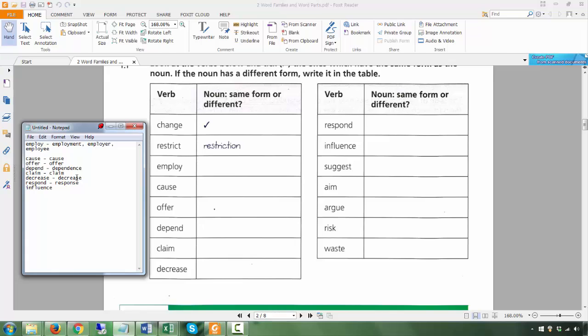Influence is the verb, the noun is also influence. Suggest is the verb, the noun is suggestion. Aim is the verb, the noun is also aim. Argue is the verb, the noun is argument. Careful with the spelling, no E after U, okay, for the noun. Risk is the same, and waste is also the same, right?